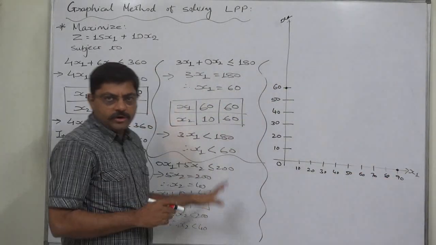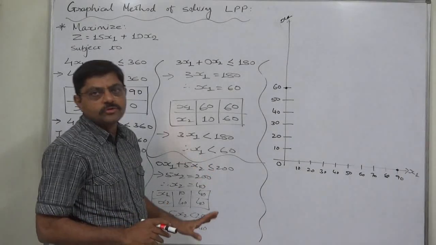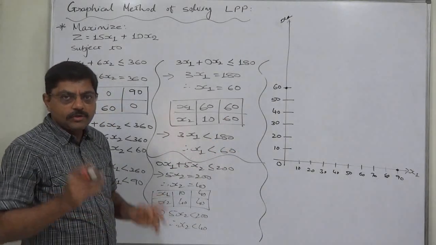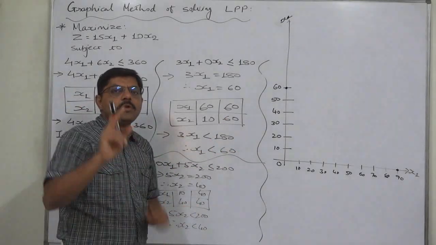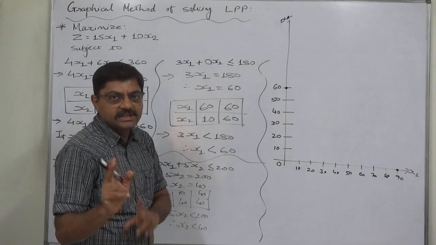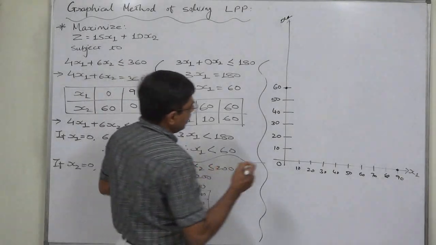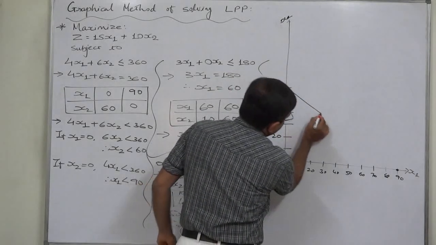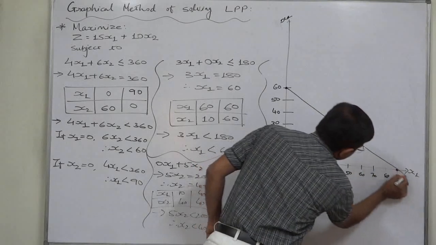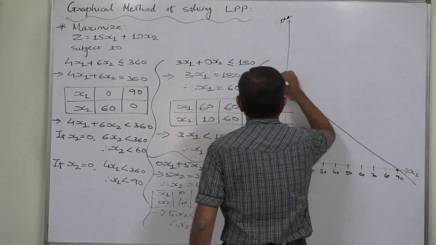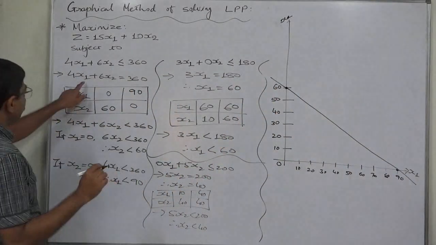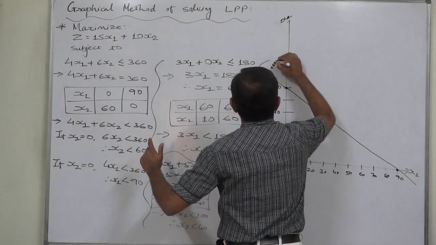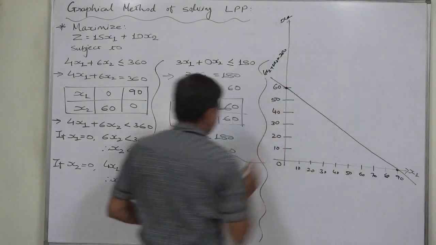On this kind of board, it is not possible for me to draw a straight line, so I am going to draw a sketch, but you please use a full length ruler of 12 inches at least to draw the line and be as accurate as possible. This is just a sketch. So this is the line of the equation 4x1 plus 6x2 equals 360.